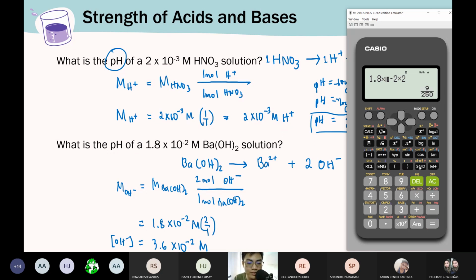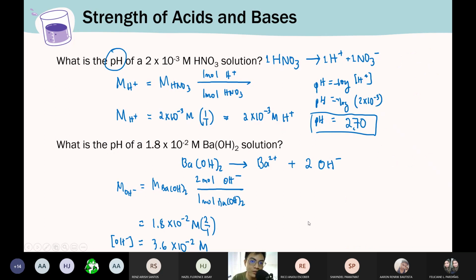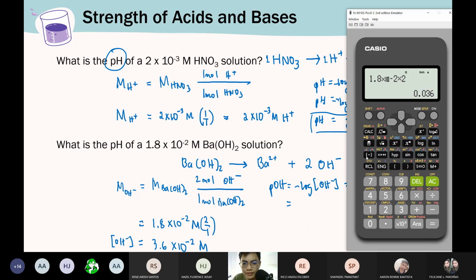Okay? And then, since you have that, you have the OH, you can get the pOH. Medyo maraming steps nga lang. So that's the negative log of the OH concentration, negative log of 0.032. So negative log of that gives 1.44.